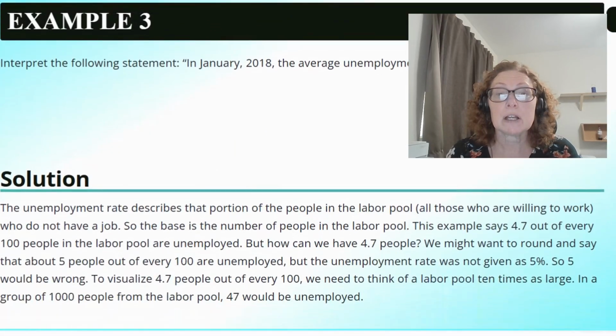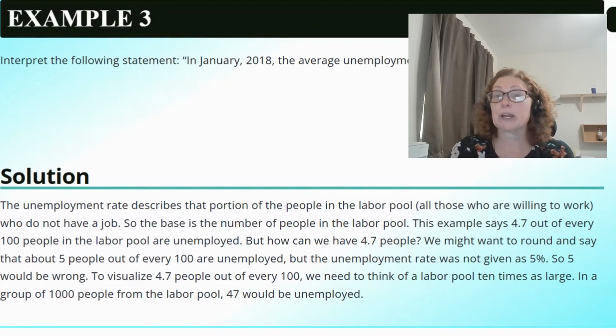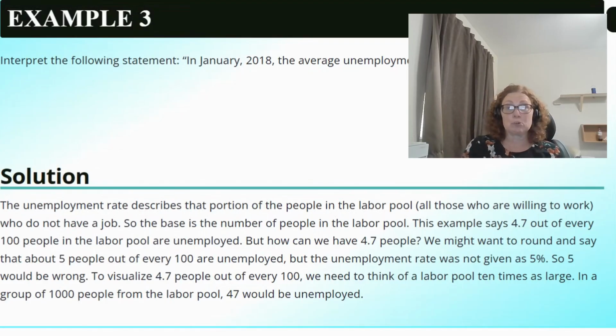Okay, so example 3. In January 2018, the average unemployment rate in Louisiana was 4.7%. Okay, so what's the unemployment rate? The portion of people in the labor pool, so all those who are willing to work, who did not have a job. So the base is that total number of people in the labor pool.